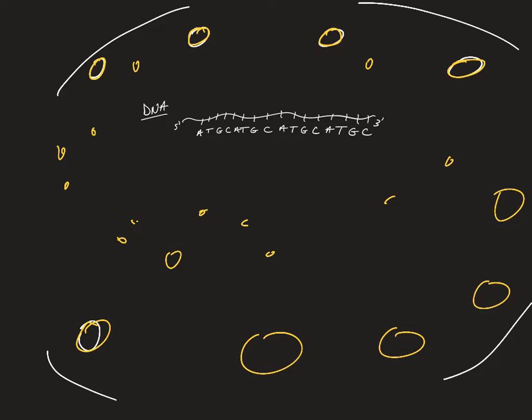So there are all these holes, which we call nuclear pores, that allow RNA to go from the nucleus to the endoplasmic reticulum where the ribosomes are. Correct?